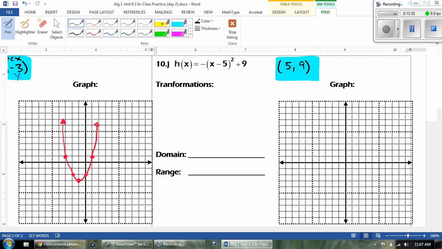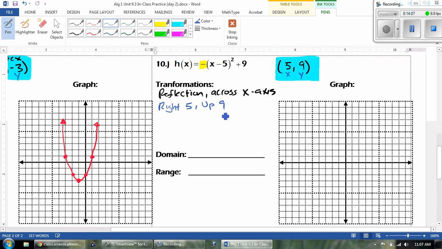So is there a reflection? Yeah, there's going to be a reflection across the x-axis. Now, what does our vertex tell us to do? Our vertex is going to tell us that we go right 5, and then we go up 9.